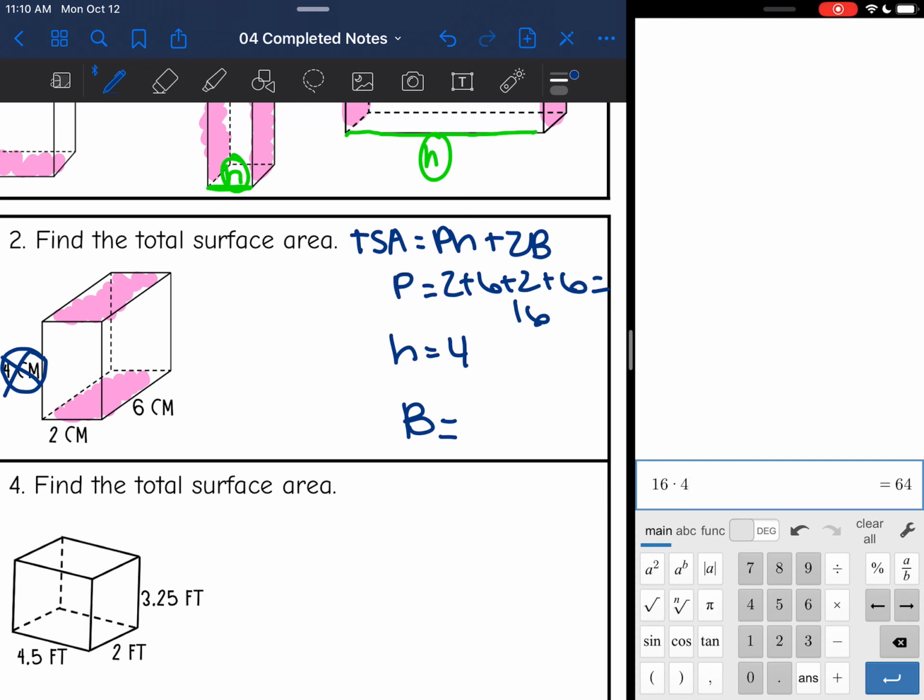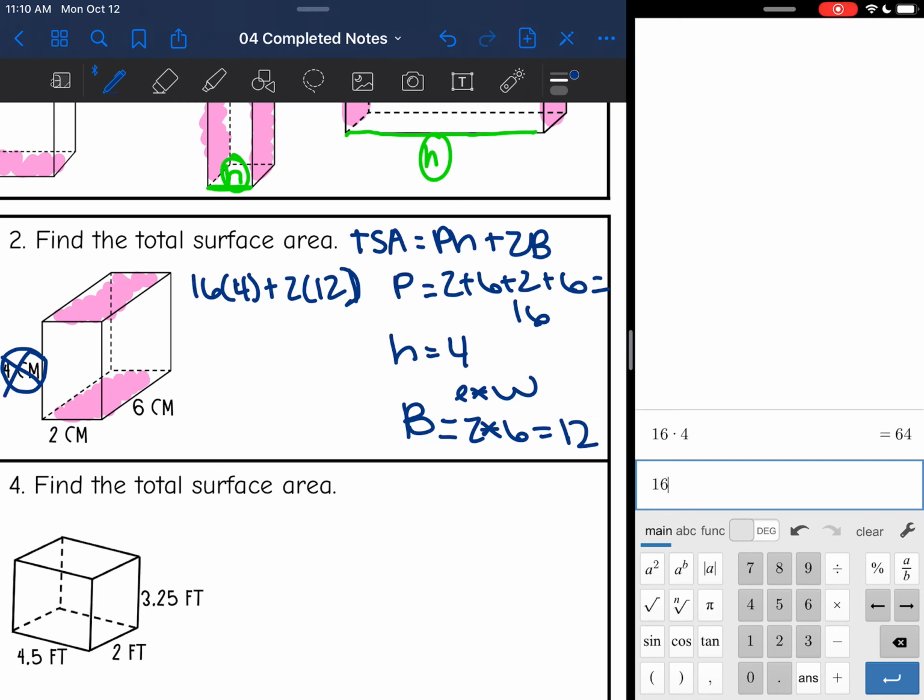Okay, now I need to find the area of the base. Remember, I use the same 2 numbers here, but I do length times width. So I'm going to multiply them. 2 times 6 is 12. And now I have everything I need for my formula. I'm going to plug in 16 for P. I'll plug in 4 for H, and then I'll plug in 12 for capital B. So it'll be 16 times 4 plus 2 times 12.